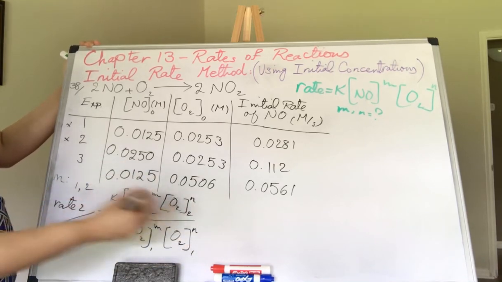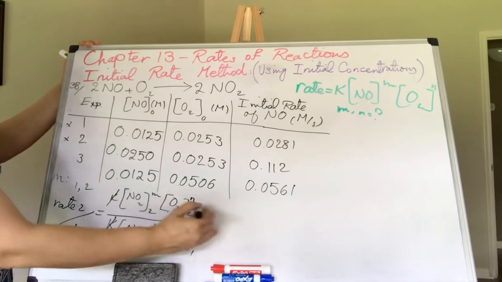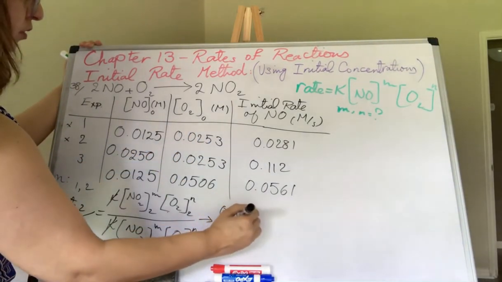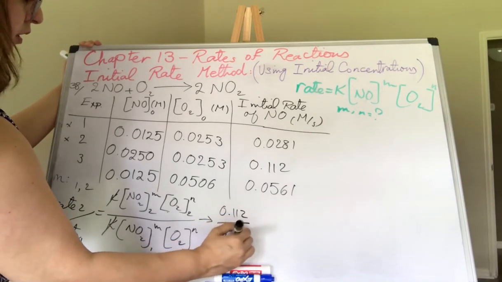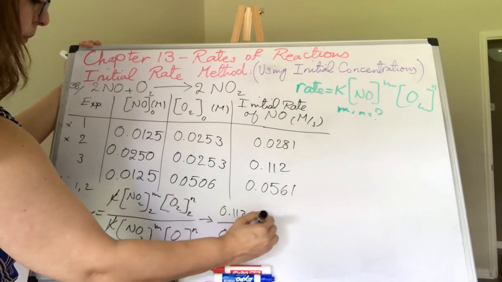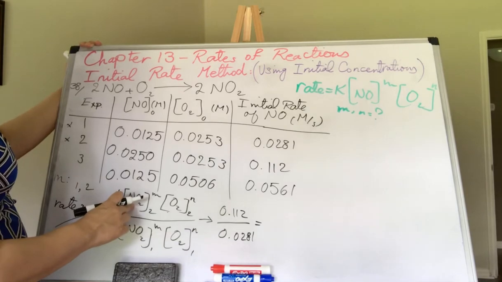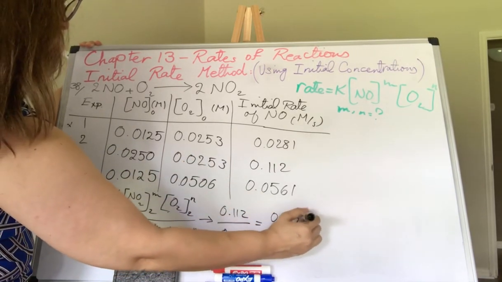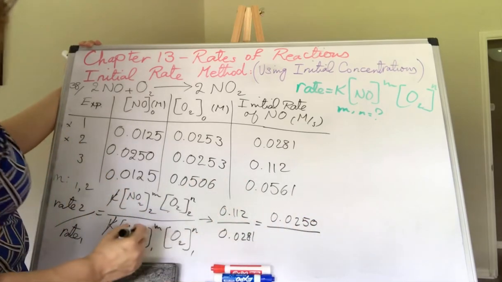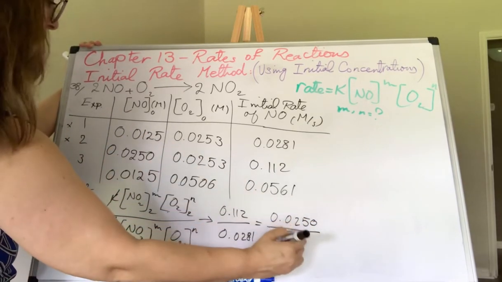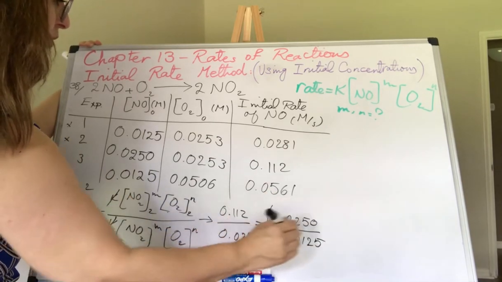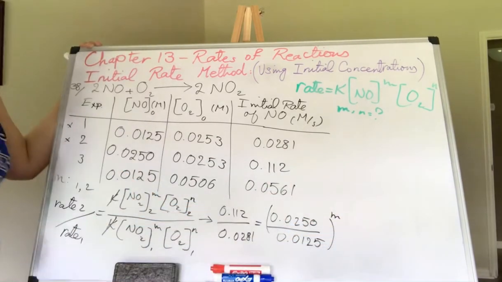Now relate them. K and K are canceled. The rate of experiment 2 is 0.112 over 0.0281, for NO it is 0.0250 over 0.0125. Again, the exponents are the same, so you can write it as one fraction.